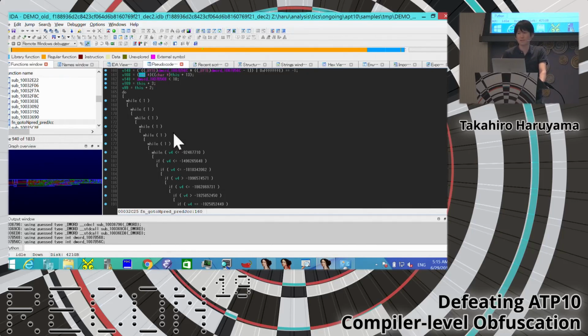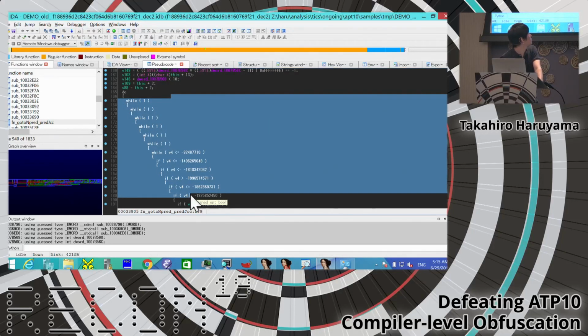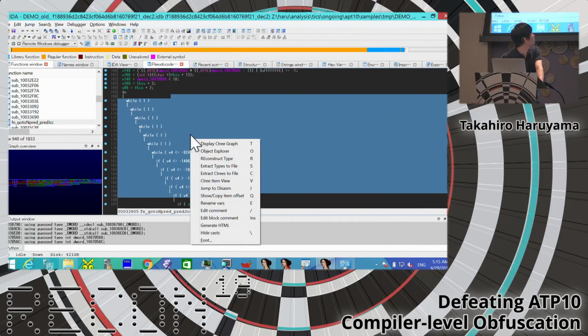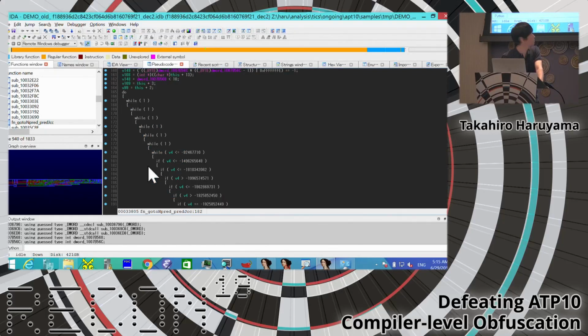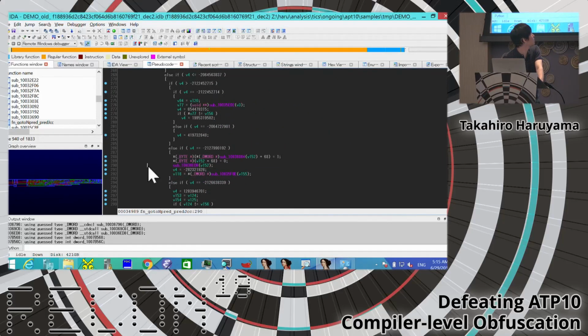Can you see the code? The obfuscated code does not clearly flow from beginning to end. Instead, there is a nested loop structure having multiple flattened code blocks.